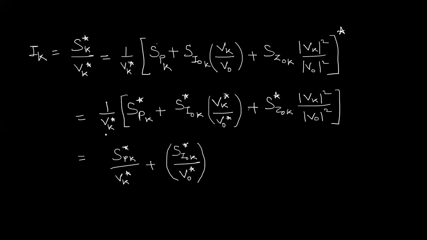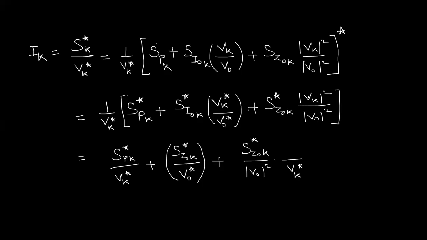Remember that here vk conjugate gets cancelled, plus z0k conjugate divided by mod v naught square, and here the denominator is vk conjugate and the numerator is vk square.